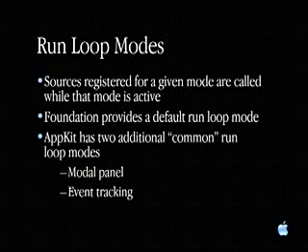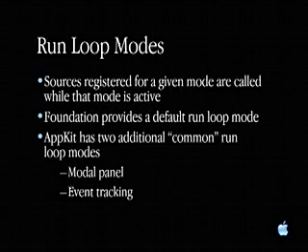Now, run loops can have modes. It may be that you don't want to wait for every possible thing every time you run the run loop. For example, you might not want to have a certain timer fire while you are, let us say, tracking mouse moves. So it is possible to run a run loop in a number of different modes. And when you add a source to the run loop, you register it for a single mode or a set of modes.